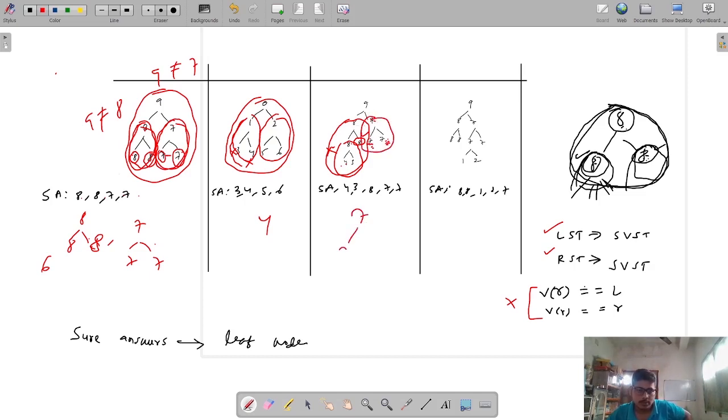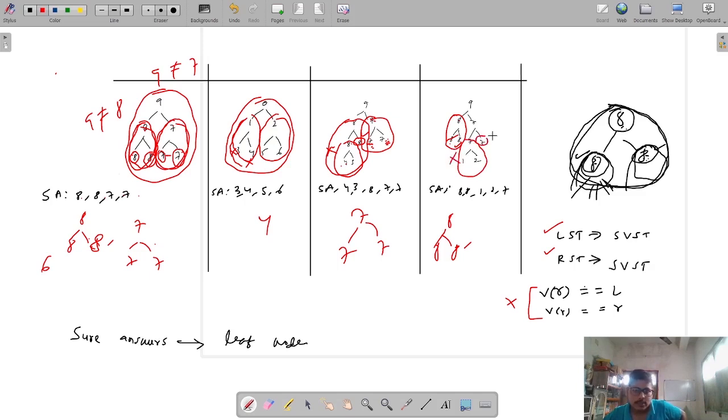So we got a single value subtree, right? In this case, this is a single value subtree, this is same, right? So this is same because 8 is equal to 8, 8 is equal to 8. So 8 8 8 is a single value subtree. Here 7 1 2 is not a single value subtree, as this is not a single value subtree.